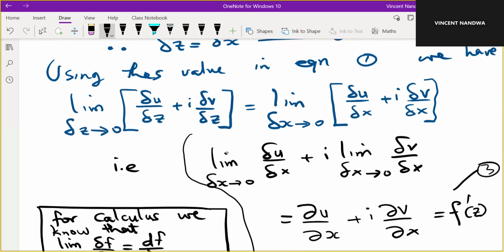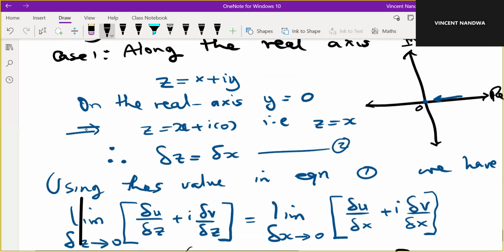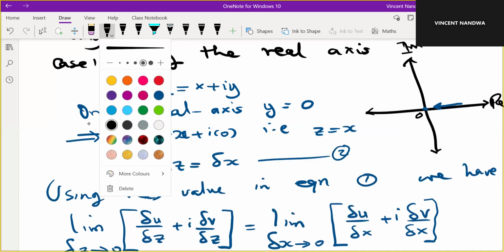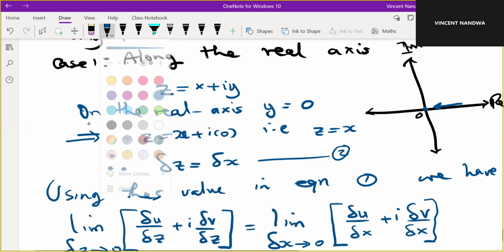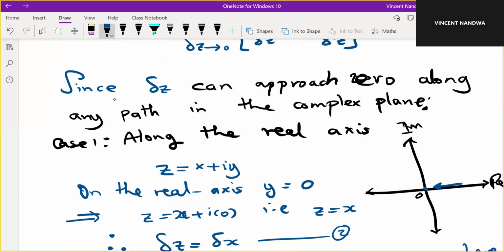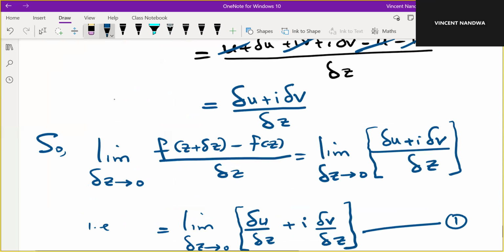Remember from the start, the limit as delta z approaches 0 of f of z plus delta z minus f of z divided by delta z is just the definition of the derivative of the function f of z, as when we introduced the concept of derivatives.